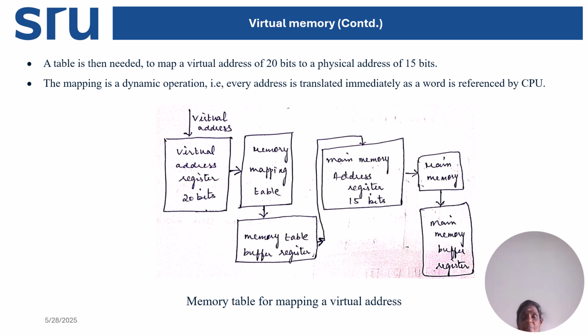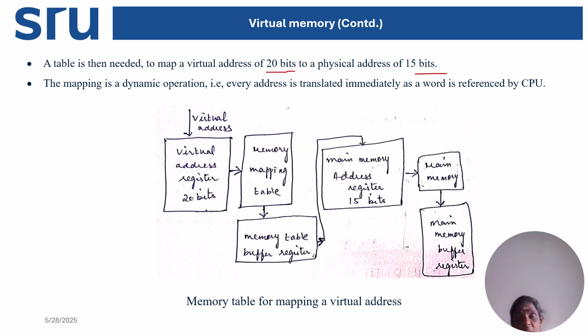So normally the physical address is mentioned in terms of 15 bits. But the virtual address is a 20-bit address. Suppose both are uniform, 15 or 20, then mapping will be easy. But the memory address is 15 bits in length, and the virtual memory address length is 20 bits.